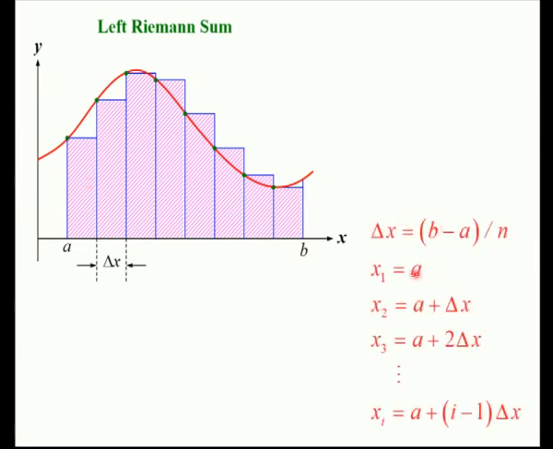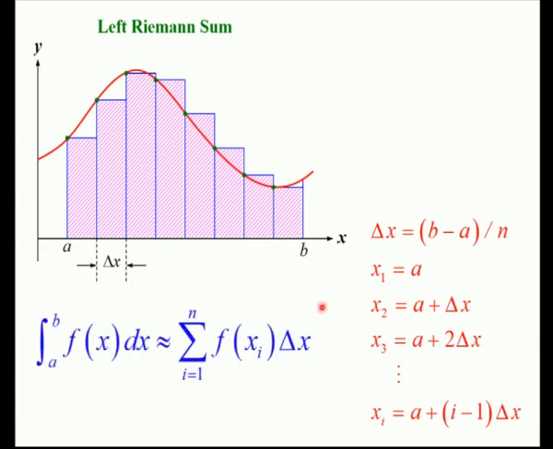So, you have x1 as a, x2 as the next point, a plus del x, and look at here f of xi del x.